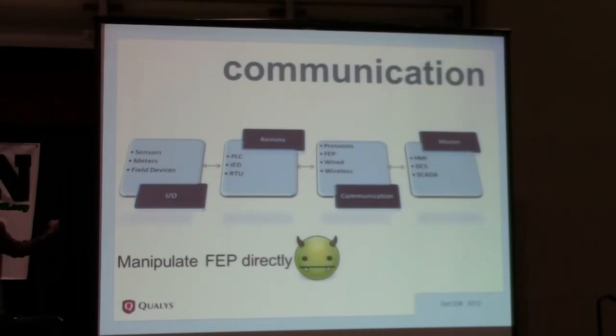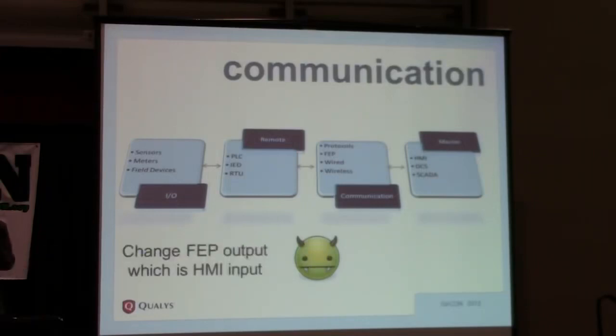He or she can manipulate the output from the FEP so that the control center gets to look at a different picture than what the reality is. So basically, change the FEP output, which is input to the last component, the human machine interface component.